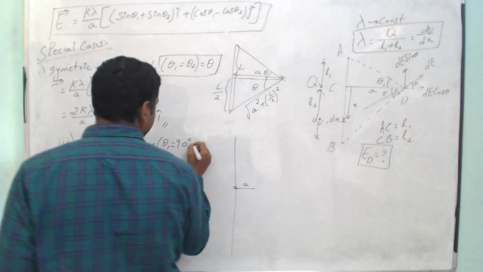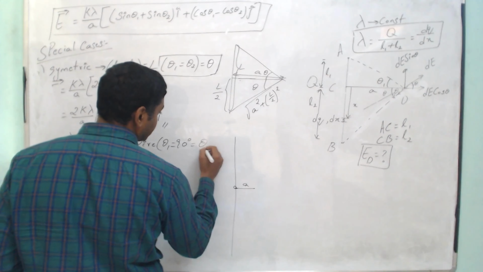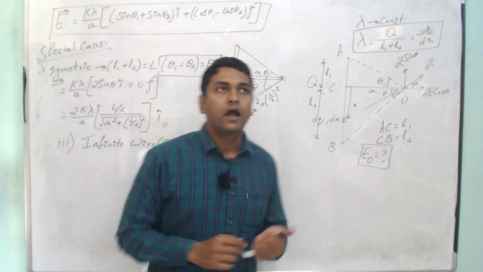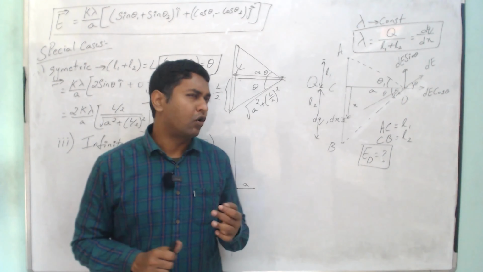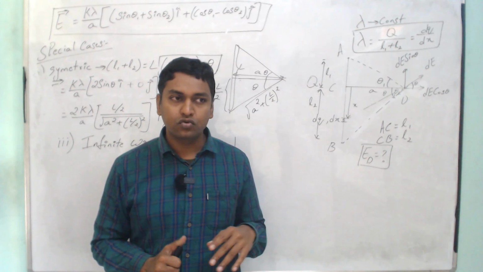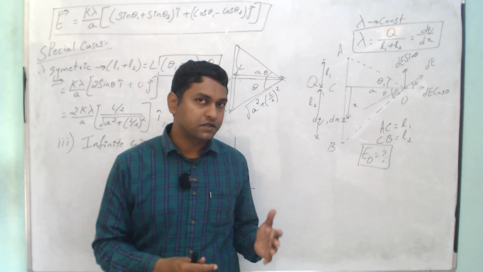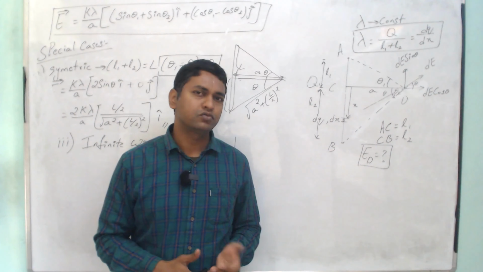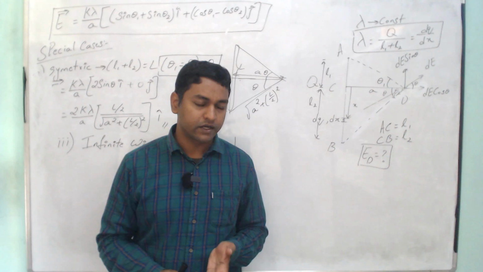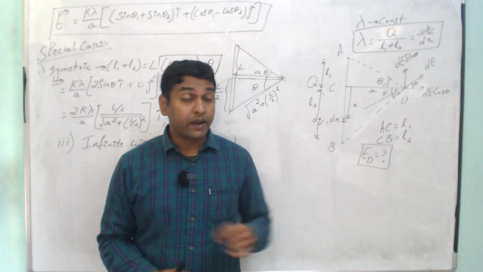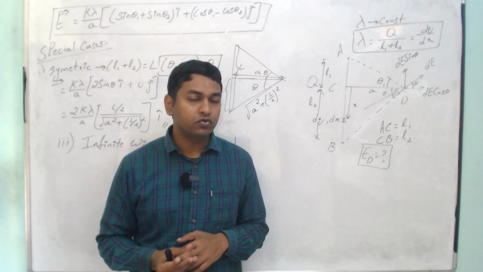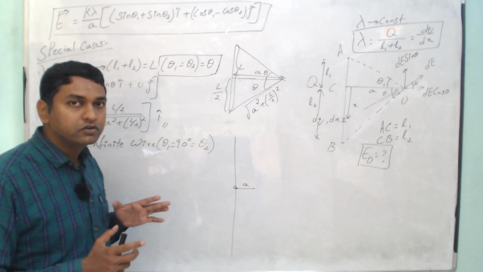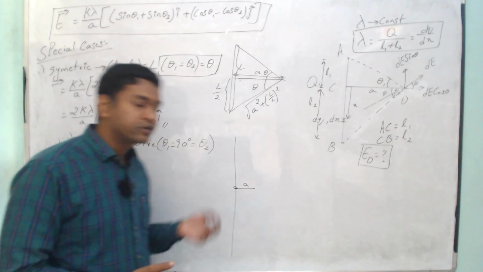Simple. So in this case, focus on identifying theta 1 and theta 2. Once you practice it, you will not think of this again and again, it becomes obvious. But while practicing, because it will be new, you will have to focus on the theta 1 and theta 2 values while substituting.